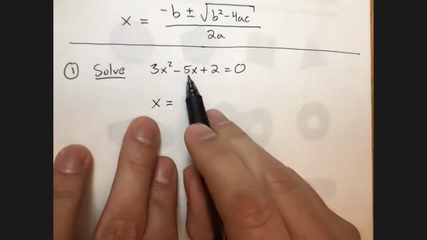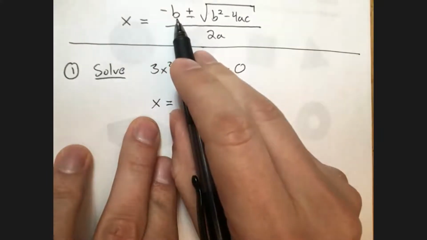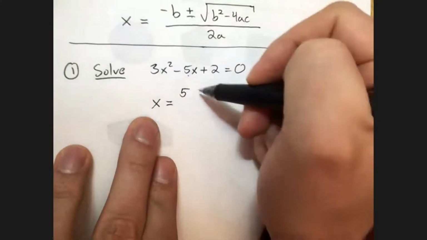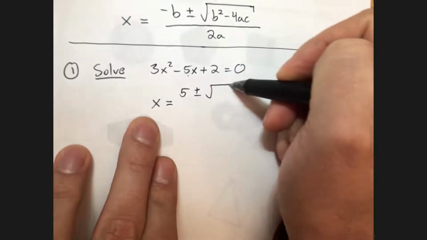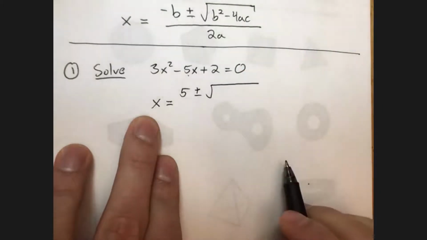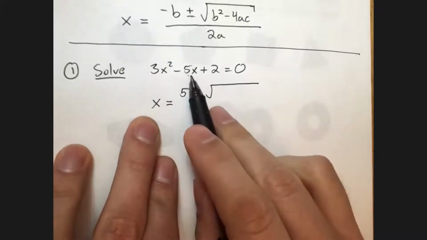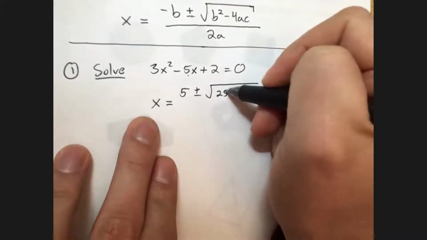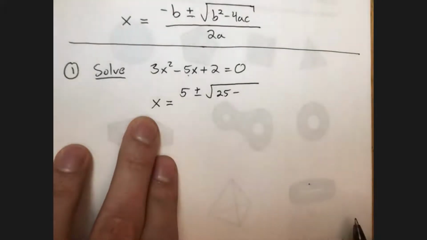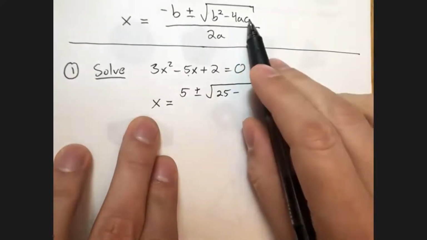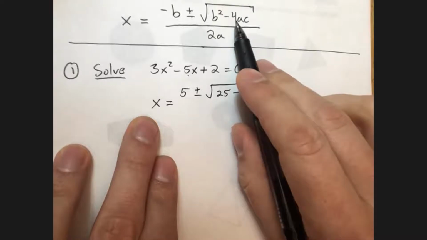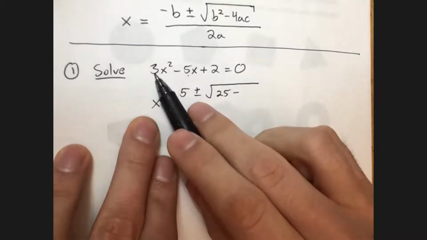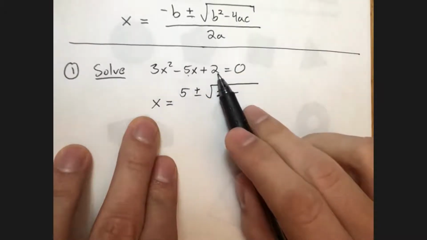b is -5, so negative b is +5. b squared, that's -5 squared. It's 25. 4ac, that's 4 times 3 times 2.